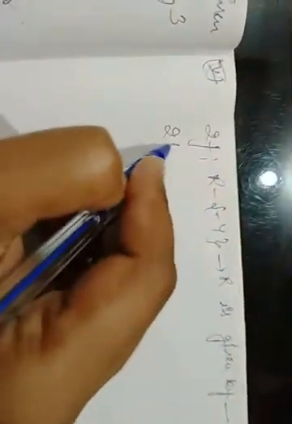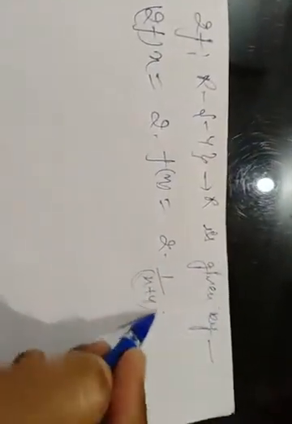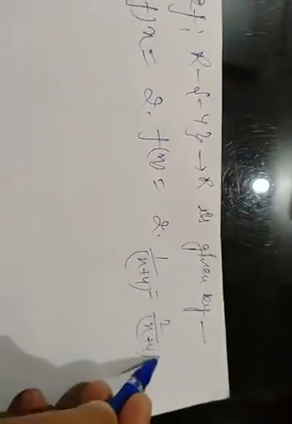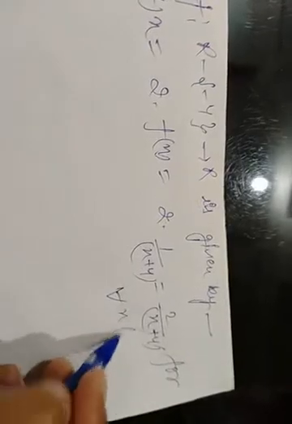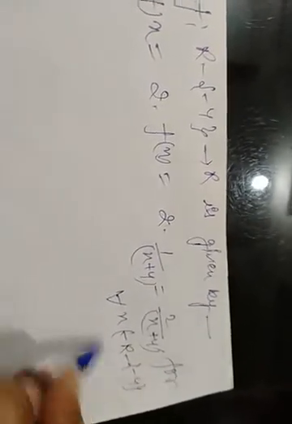Let's see, 2f such that R minus {-4} tends to R is given by 2f of x, that is, we have to write 2 times f of x, that is 2 times 1 upon x plus 4, that is 2 upon x plus 4, for all x belonging to R minus {-4}.